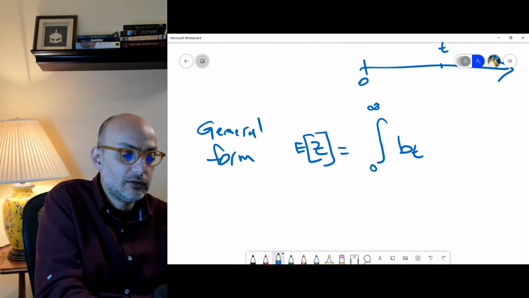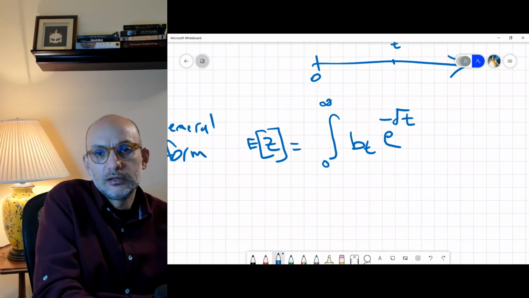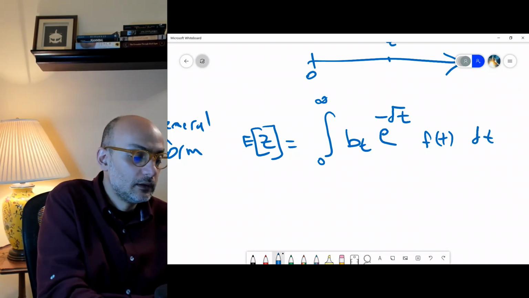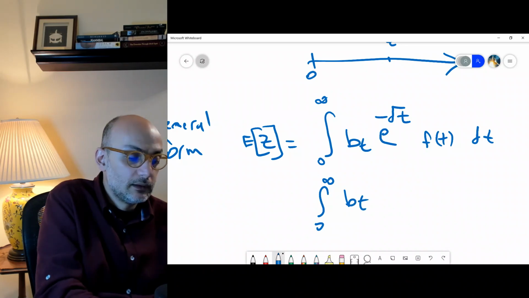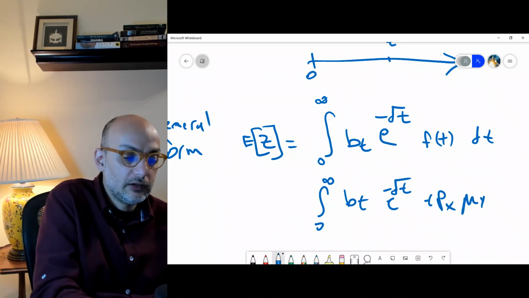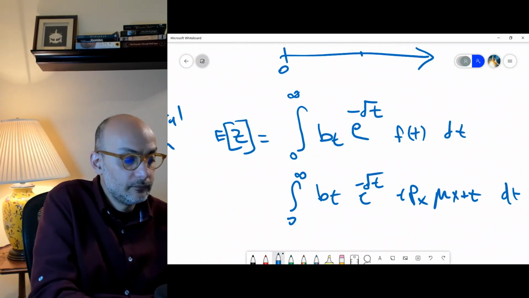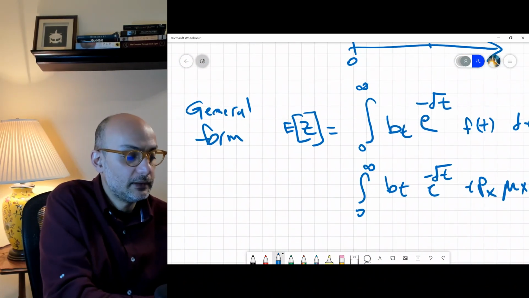The benefit amount, we need to discount it, e^(-δt), and multiply it by the probability, which is f(t) dt. We can also write it as the integral from 0 to infinity of dt e^(-δt) times tpx μ(x+t) dt, right?